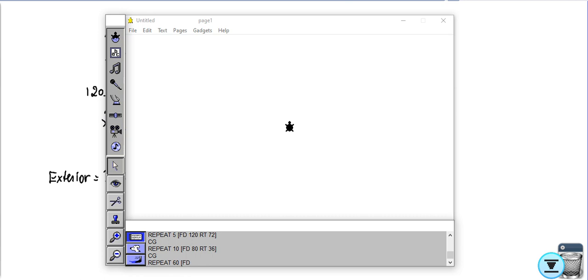Forward, I'm going to give it a small number, otherwise it'd be too big. Forward 4, for example. Turn right, so the angles should make up 360, so 360 divided by 60 is 6. Turn right 6 degrees. And look what happened. Our shape is resembling a circle.